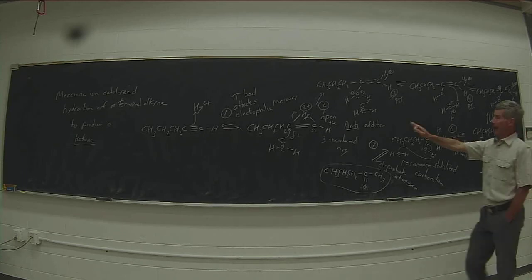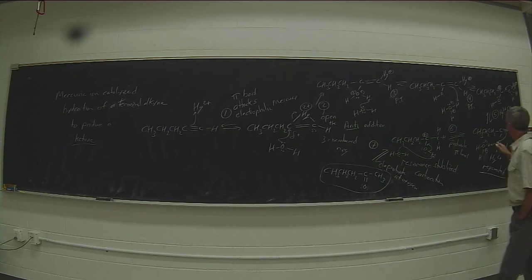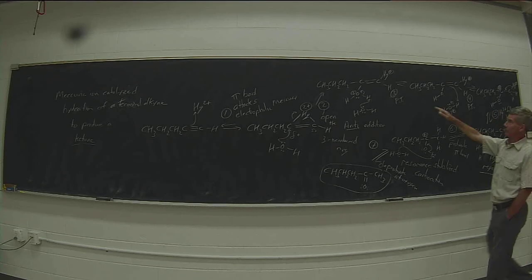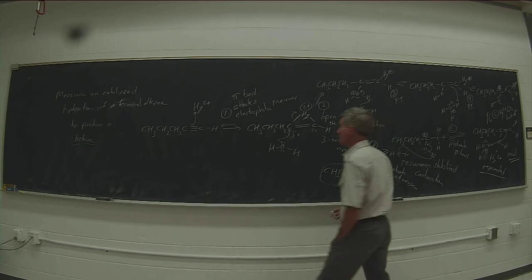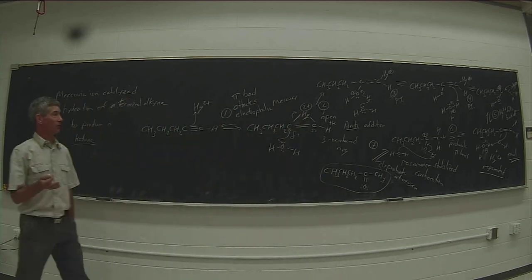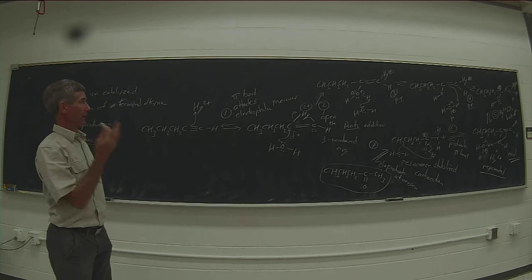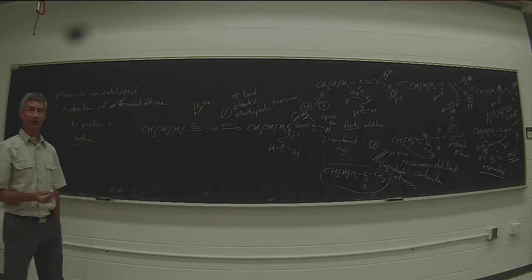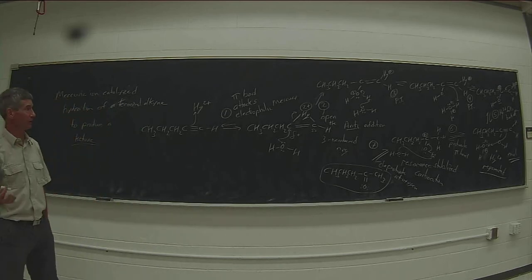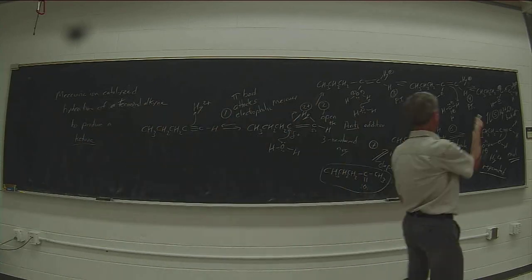You've got an attack of the pi bond on the mercury 2+, and then a regeneration of a pi bond when mercury 2+ falls off, and then you've simply got one nucleophilic attack in step 2, where we open the 3-membered ring. So you've got an attack of a pi bond on an electrophile, a nucleophile opening the 3-membered ring, which is typical of many of these reactions of alkenes that don't involve discrete carbocation intermediates, and then you've got a lot of proton transfers.